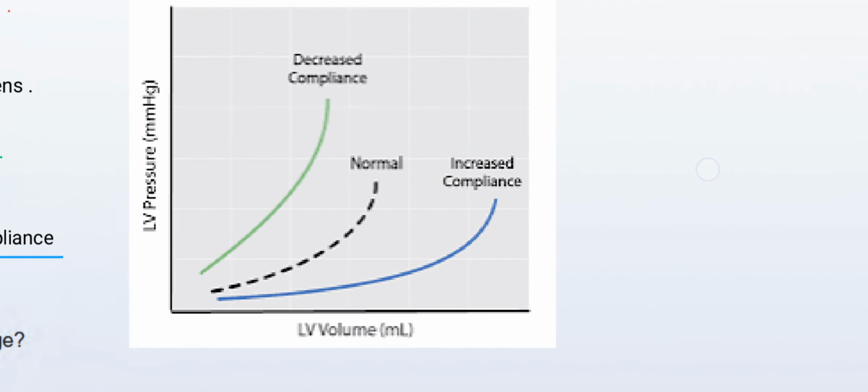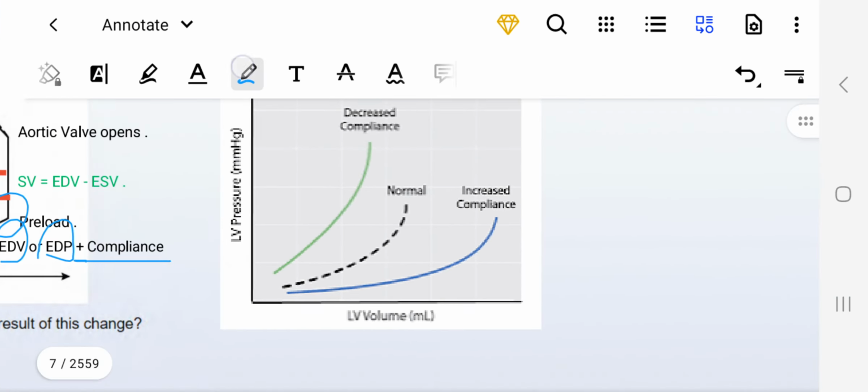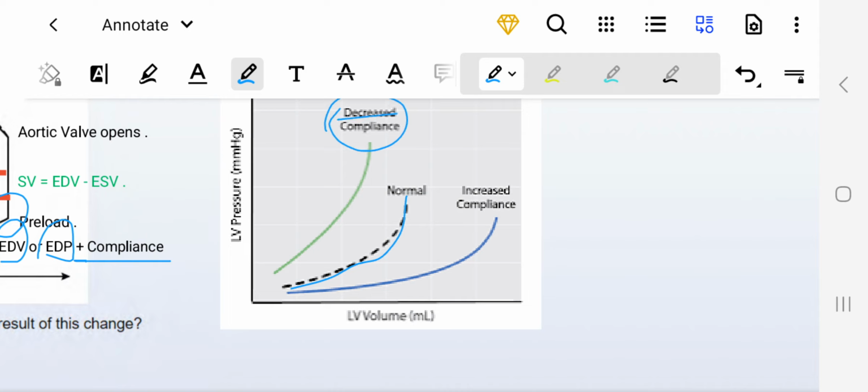If this is the normal compliance, right? If the compliance is decreased, let's say this is the decreased compliance, the slope will be increased. Here the slope is increased. Then on the opposite, if the compliance is increased, then the slope will be decreased.